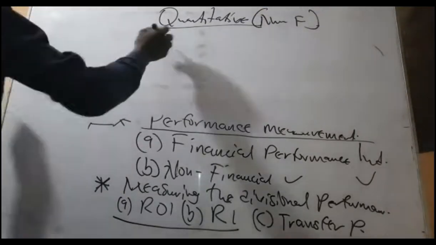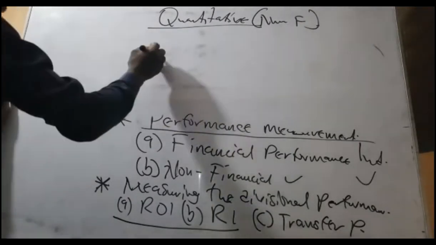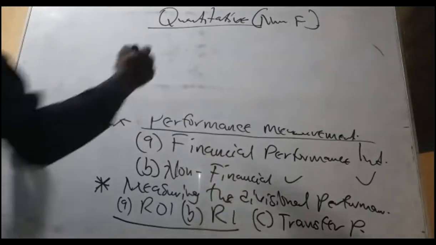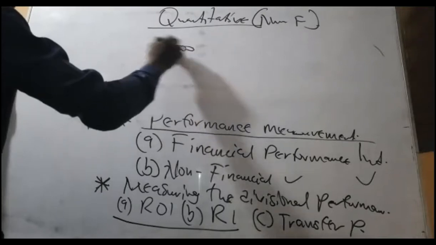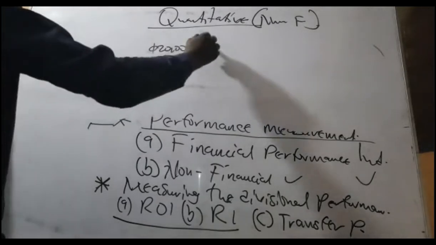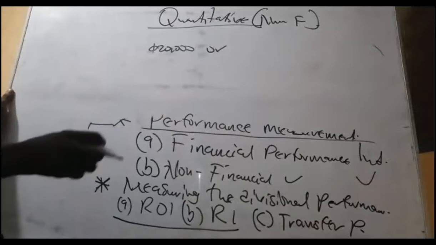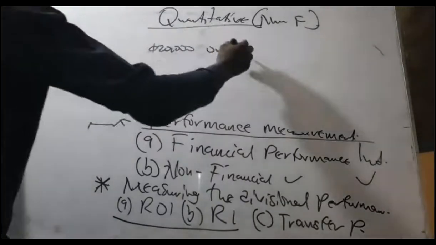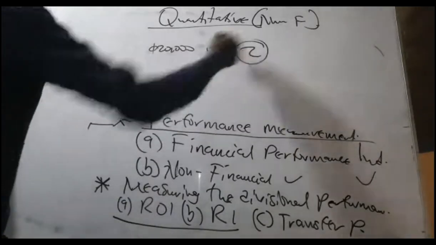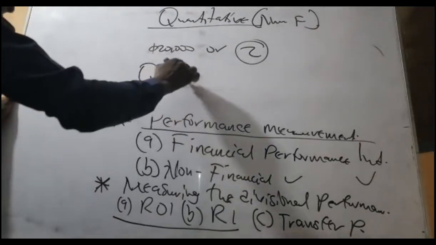Example, you can tell the employee that you have overachieved your target by 20,000 cities, or tell the employee that you have been absent for 2 weeks or been late for 2 weeks. You are assuming numbers.